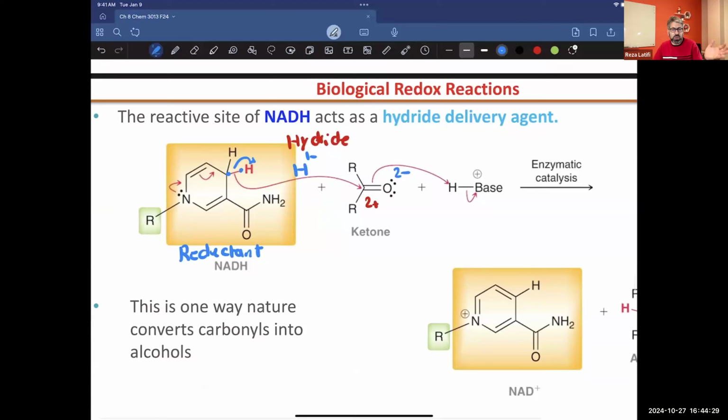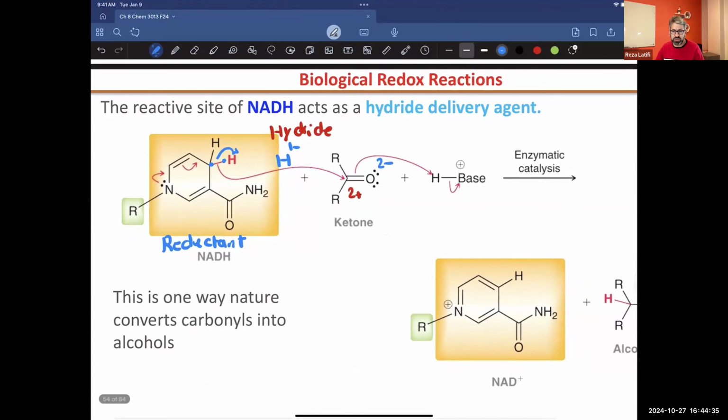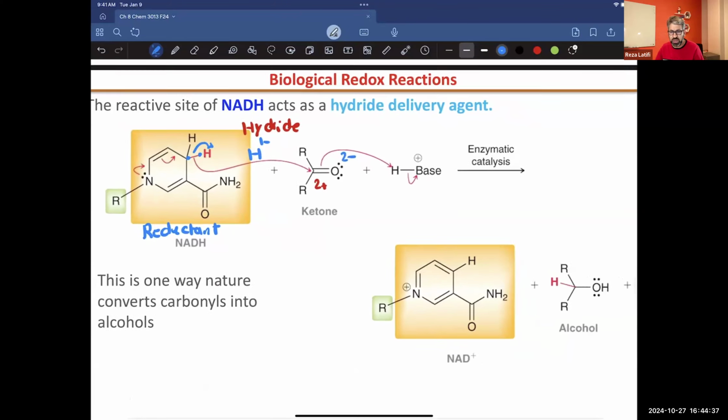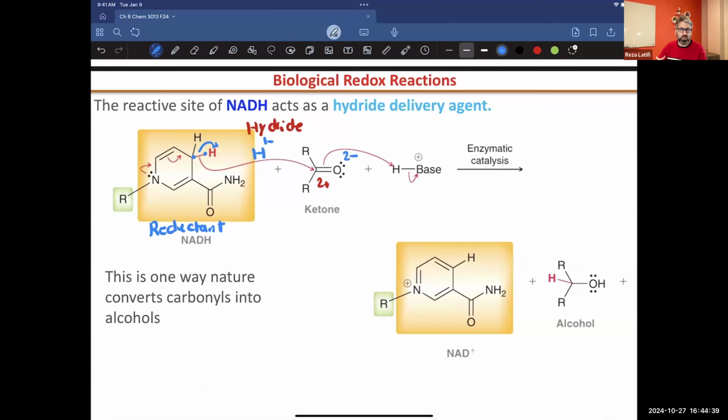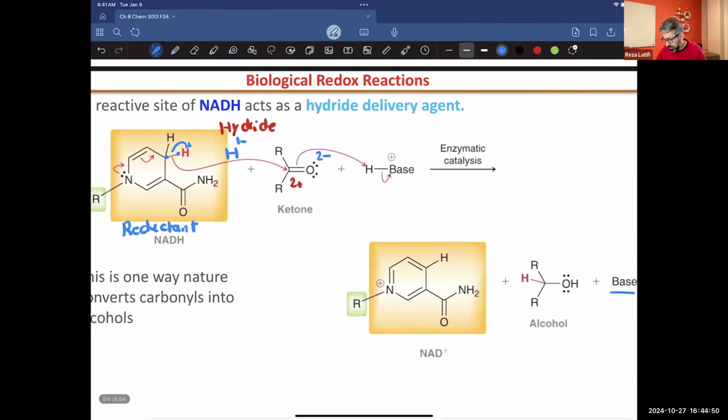And what will happen when we give the H to the carbonyl? Very soon that carbonyl is going to turn to OH. It will turn to an alcohol. If we have water or an acidic H somewhere, we will take an acidic H from the acid, and it will turn to an alcohol. And of course, we also get the base.